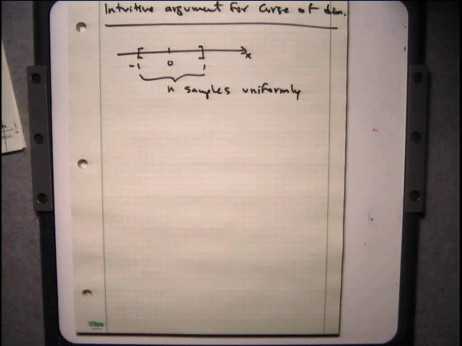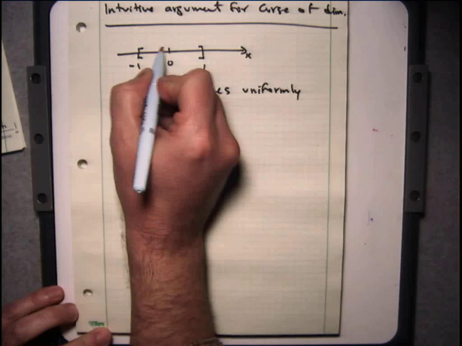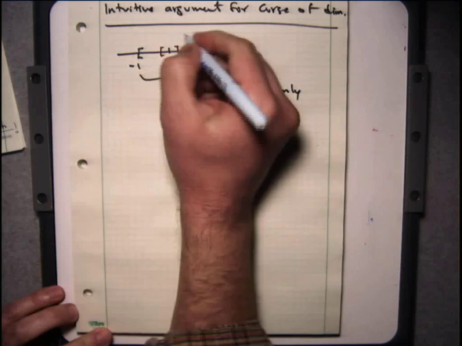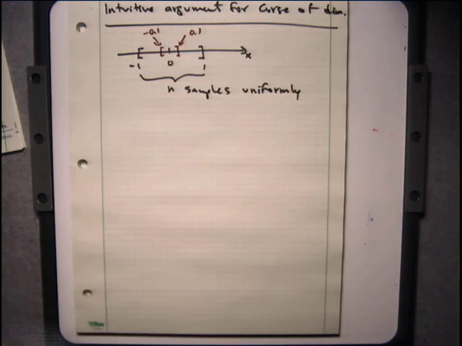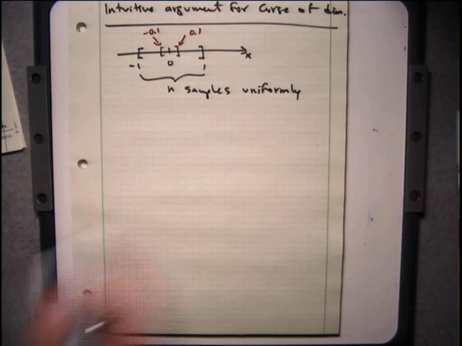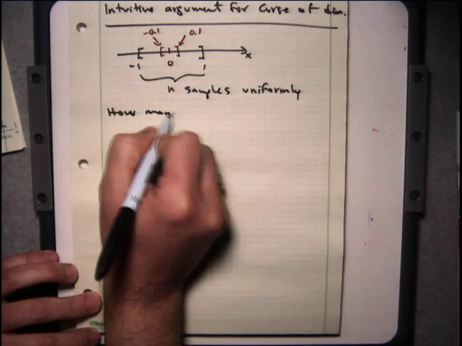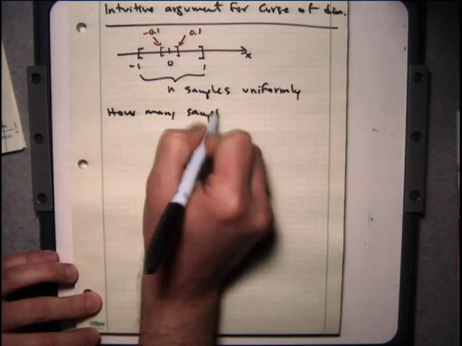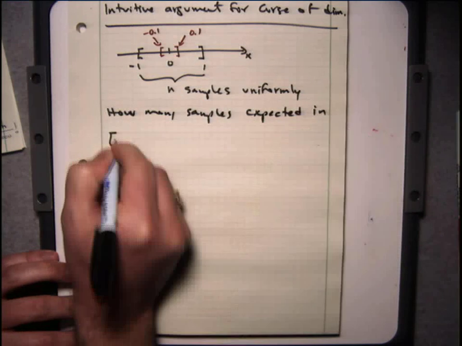Now, I might ask the question, how many samples would you expect to get in a subset of this interval? So suppose I made a little interval here, and suppose this was 0.1, minus 0.1, okay? And I ask, how many samples are expected in this other interval, minus 0.1, 0.1.